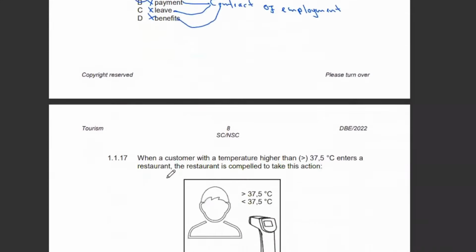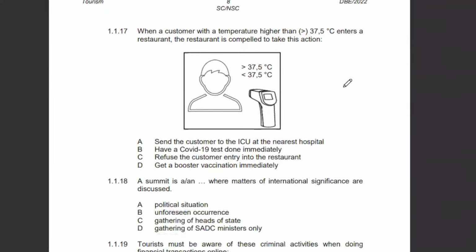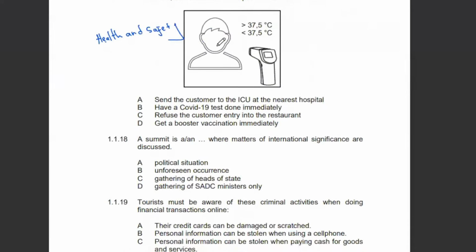Now let's go to 1.1.17. When a customer with a temperature higher than 37.5 degrees Celsius enters a restaurant, the restaurant is compelled to take this action. Whenever you analyze a question, you need to identify the topic which it is coming from. So this is health and safety, which is one of the first topics during the year.